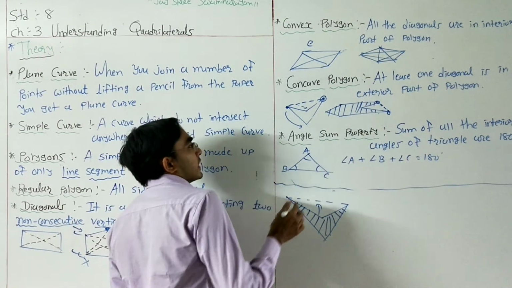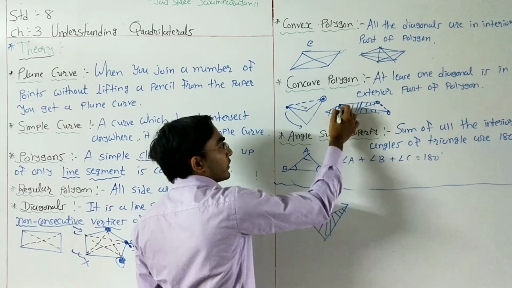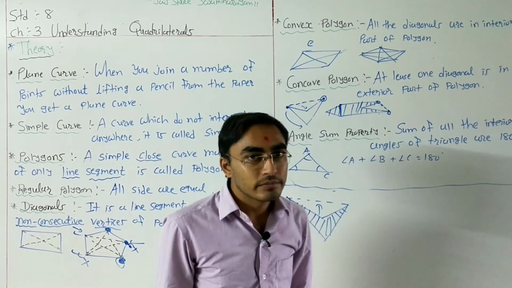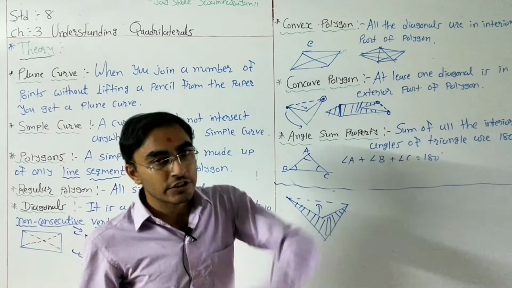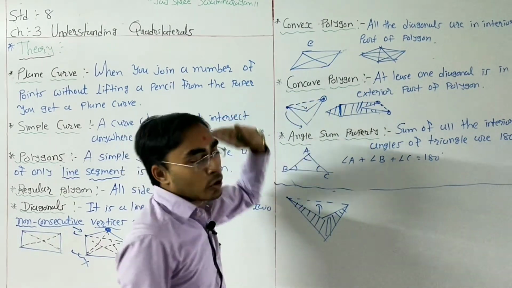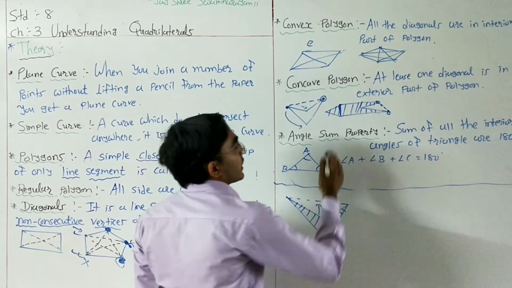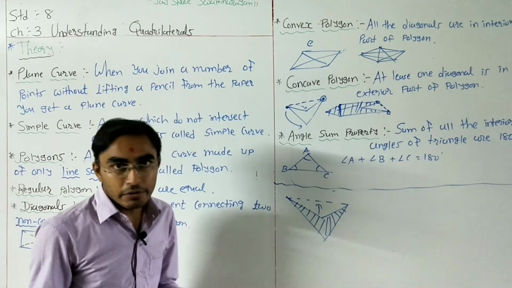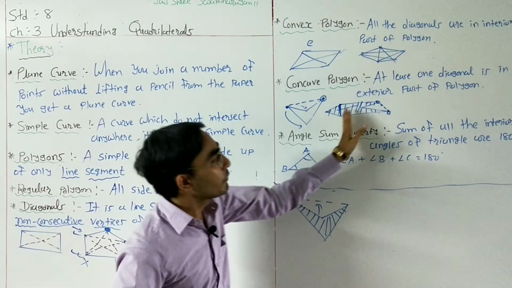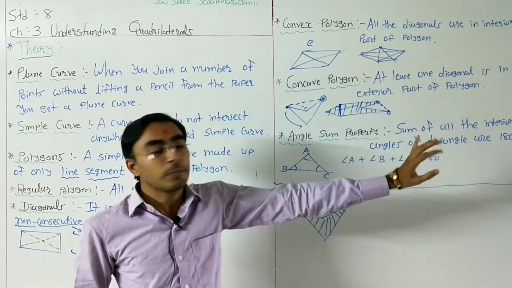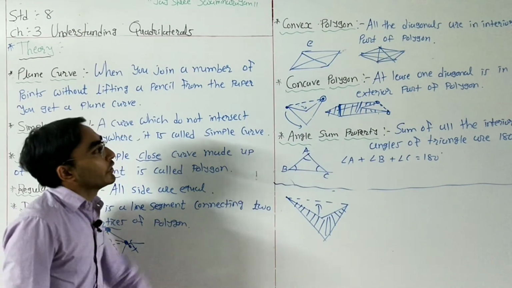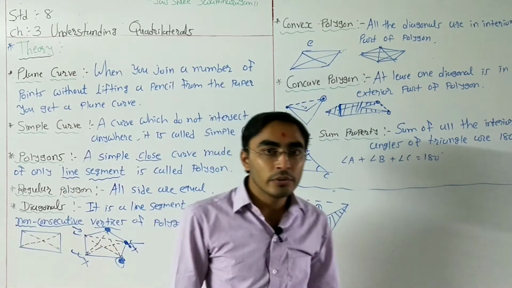Here if we draw this diagonal, it is in the interior part. But here what we wrote is, at least one. If one diagonal is in the exterior part, then it is called concave. Some diagonals may be in the interior part, but if we have one diagonal in the exterior part, it is called concave polygon. So this is convex and concave polygon.